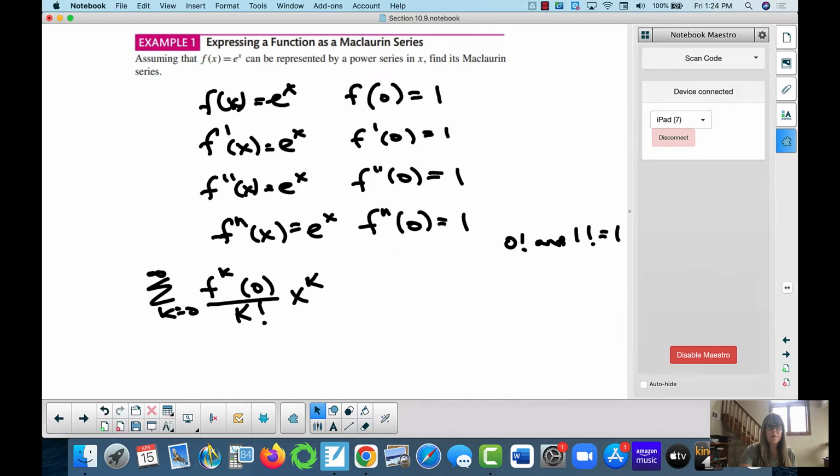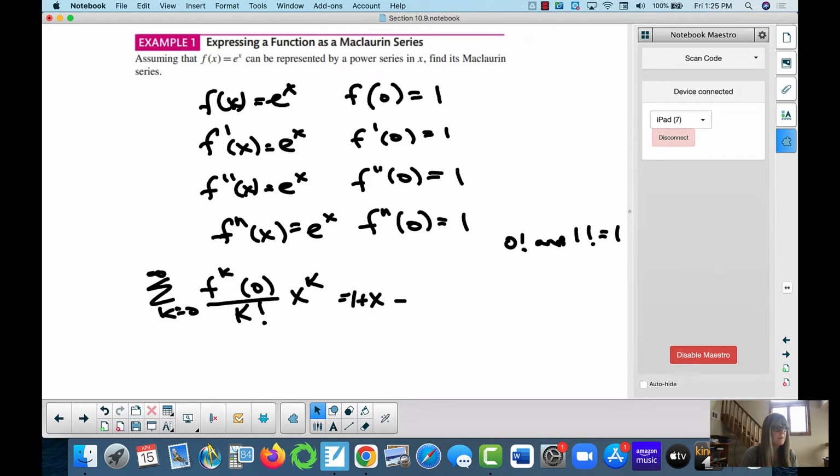When k equals 1, I have 1. The first derivative evaluated at 0 is 1. And then I have 1 for k factorial, so that's 1. And then x to the 1 power. So my first term is going to be 1.